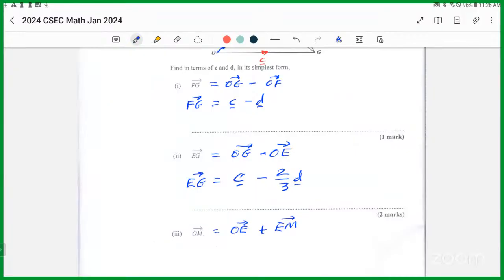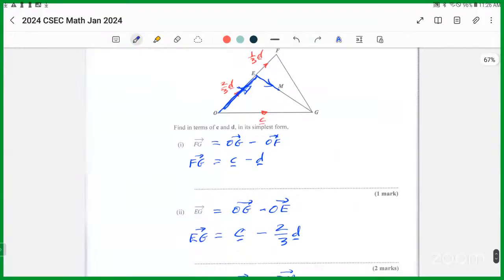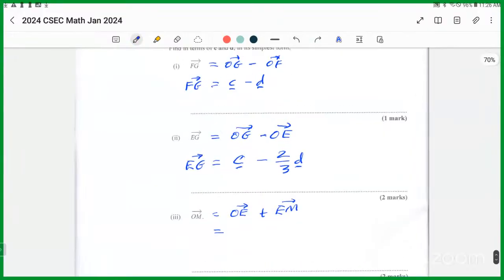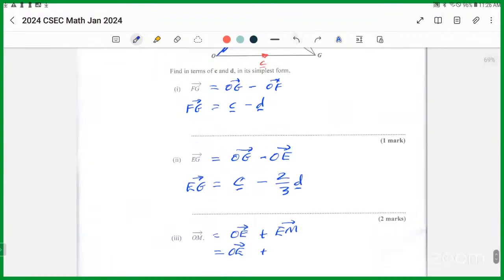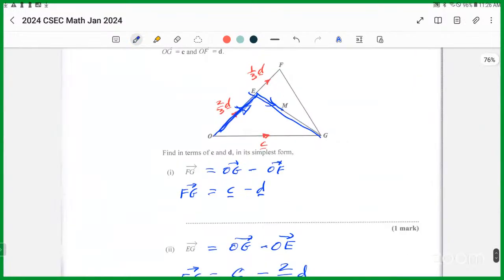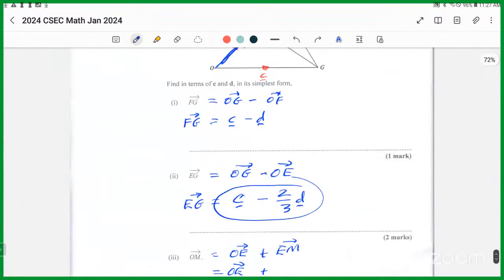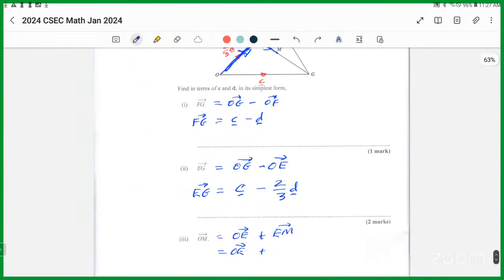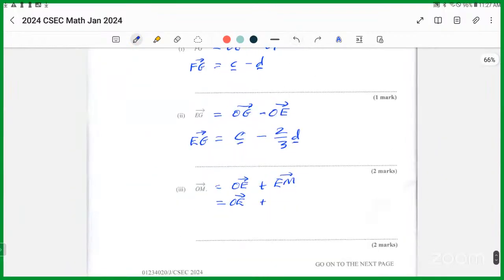The O to E, we know it is 2/3 D. We're going to write that first, O to E. Plus, the E to M is half of the vector that we know, half of this that we just found, half of the EG. So we're going to write half of the EG, where the EG is this vector, so we're doing half of that.